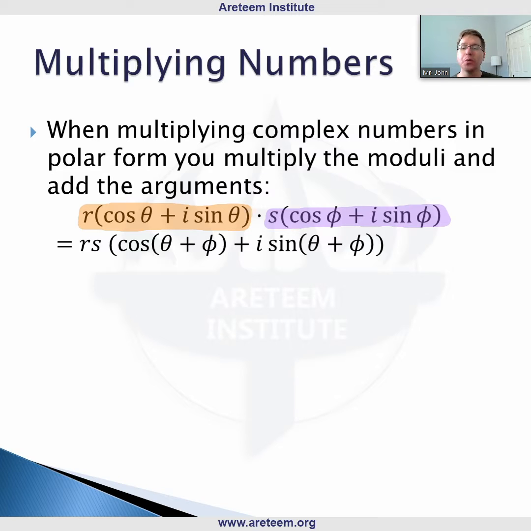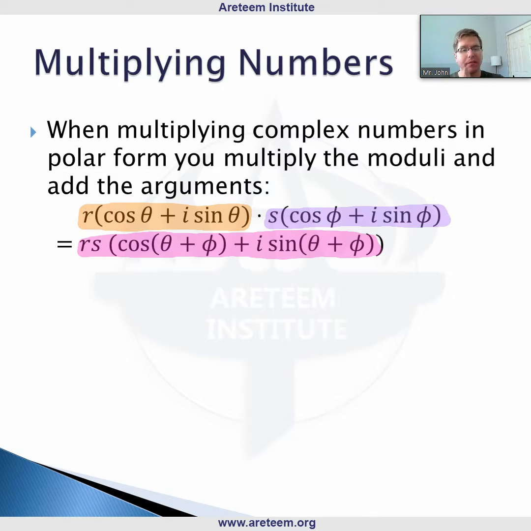Remember, when we multiply, we multiply the moduli and add the arguments. So when we multiply this out, we end up with r times s, and then our angle is theta plus phi. So that is where we come up with a pretty nice way of multiplying complex numbers when we have them written in polar form.